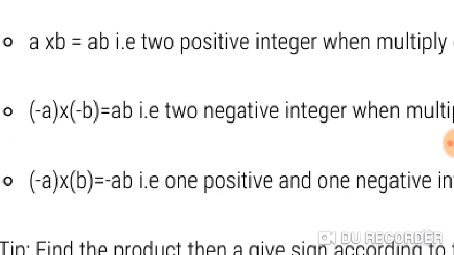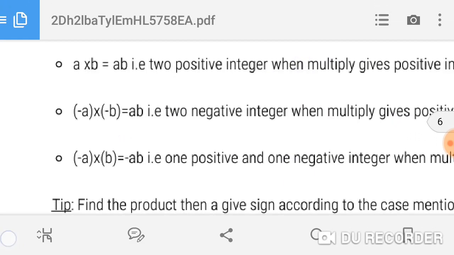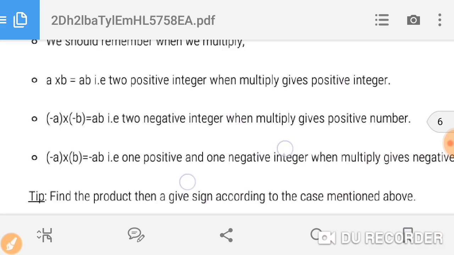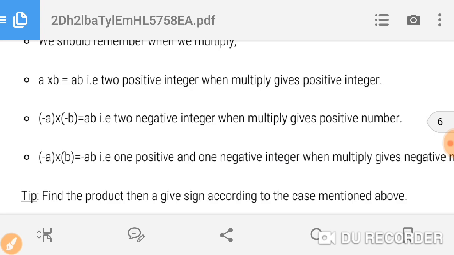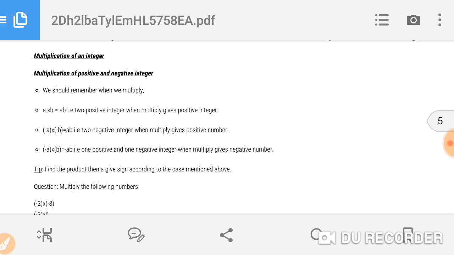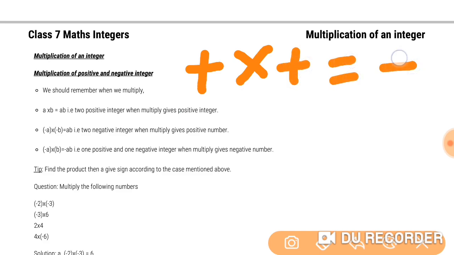Be clear about this. Minus a into minus b is equal to ab, because two negative integers when multiplied give a positive number. If you multiply two positive numbers, you will get a positive.